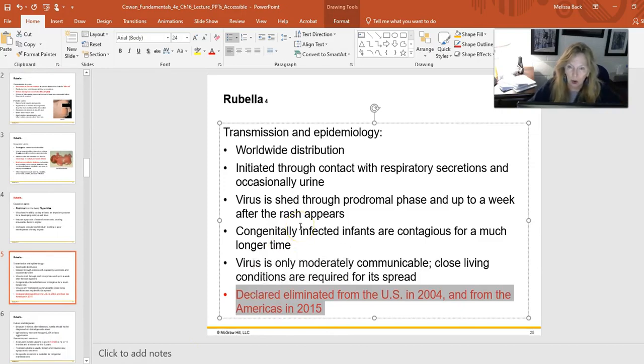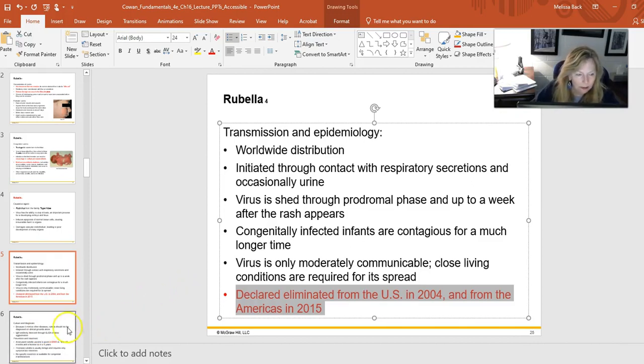Not around the world, but most of the populations in developed countries. Again, we may see this change now that we have this social thing that's happening, where people are not understanding how immunizations have actually protected our populations.